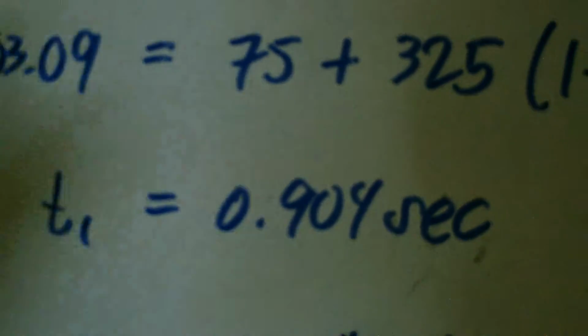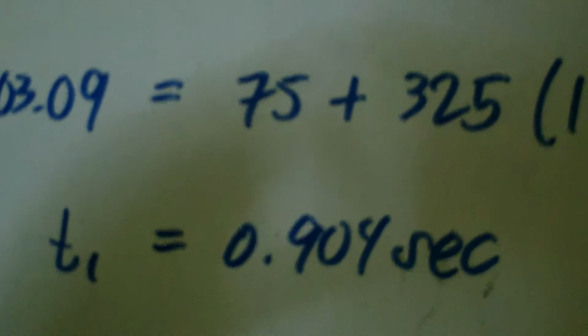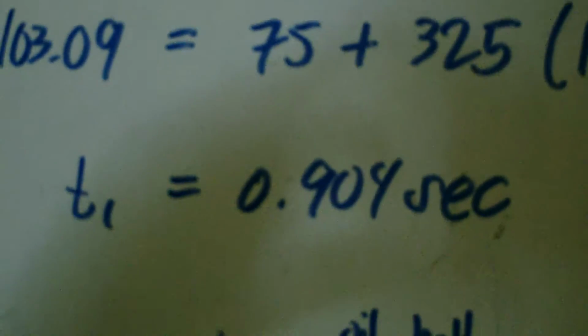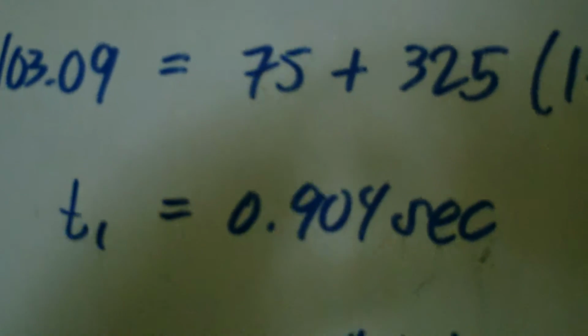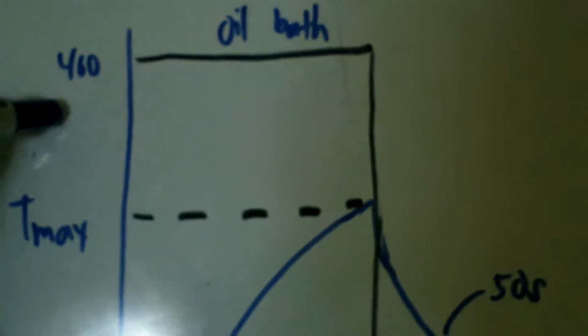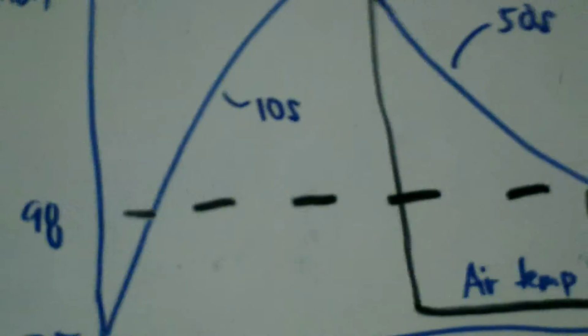To make the problem easier to imagine, let's have a graph for this. We have our oil bath, which is 400 degrees Fahrenheit, and we have our T max, and we have from 75 degrees to 98 degrees.